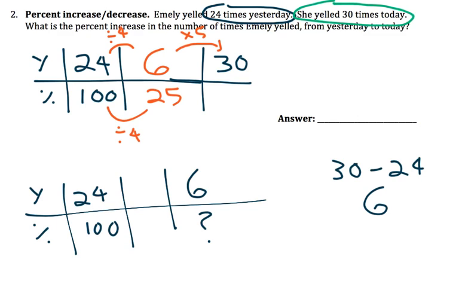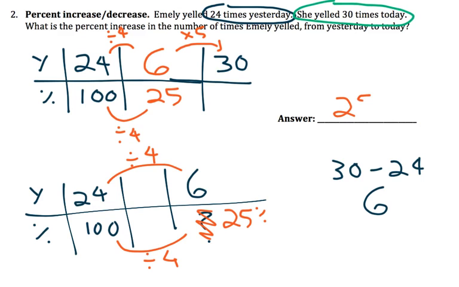Notice that if I do that same thing down here, I'm already done with the problem. Because if I divide 100 by 4, that would give us 25%. And she yelled 6 more times, that's the same as 25%. So that's a 25% increase. If you solved it up here, you would end up with 125, and it would still be the same answer because it started at 100% and then went up 25 more.